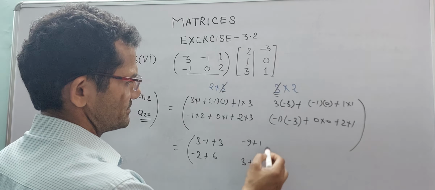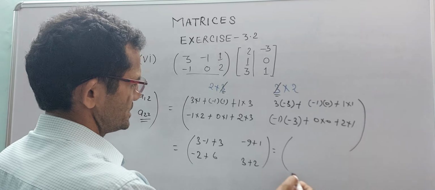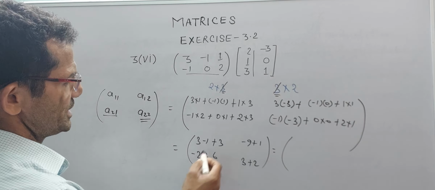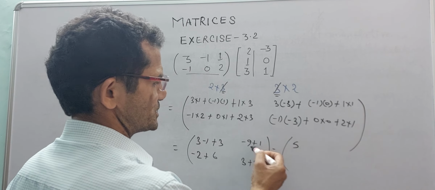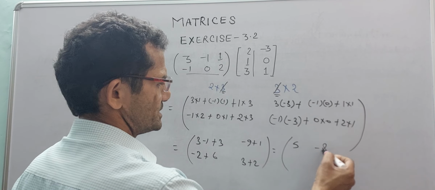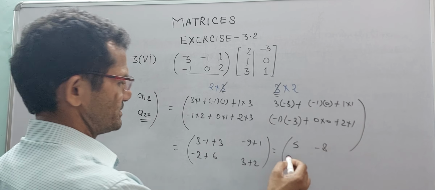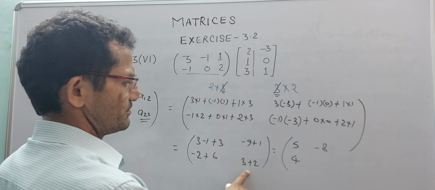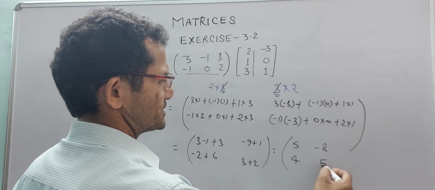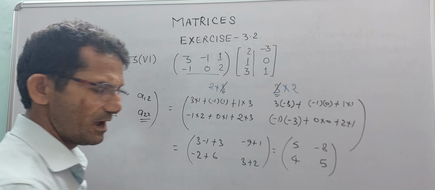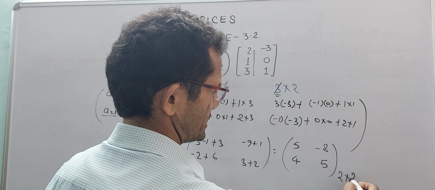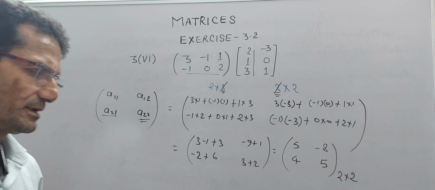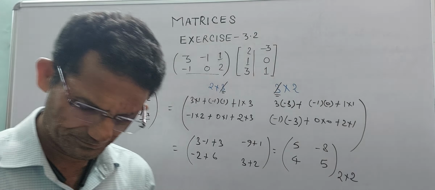Now finally the value comes out: 6 minus 1 is 5, minus 9 plus 1 is minus 8, 6 minus 2 is plus 4, and 3 plus 2 will be 5. So this is our final answer, and its order will be 2 cross 2. It is a square matrix, as it has 2 rows and 2 columns.